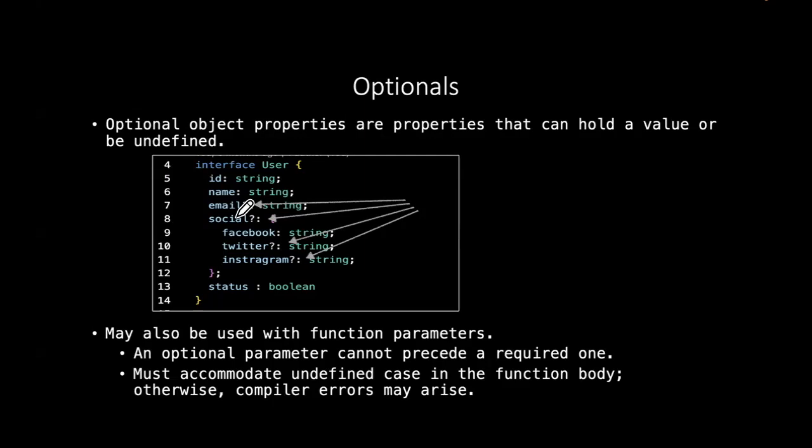If the social property is present in an actual user variable, then it has to have a Facebook property, but it may or may not have a Twitter property, and it may or may not have an Instagram property, because I'm using the optional symbol down here as well, and it has to have a status property. Again, that can be quite useful.